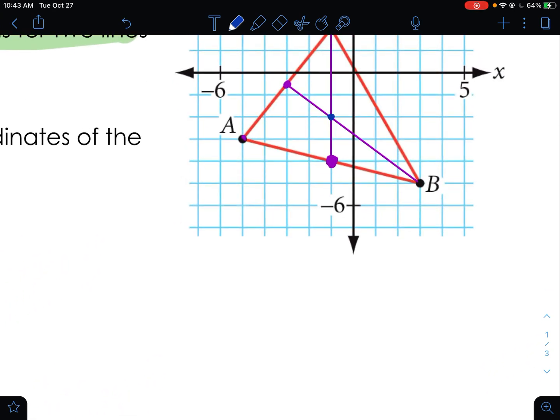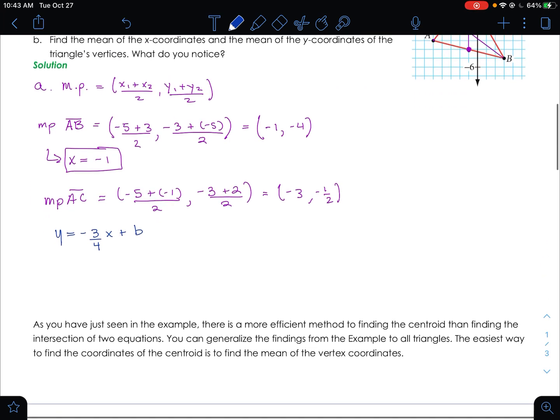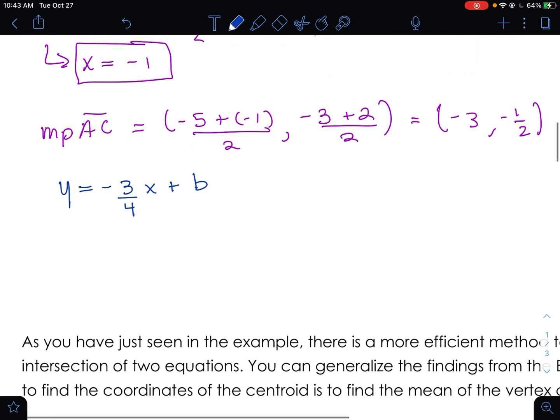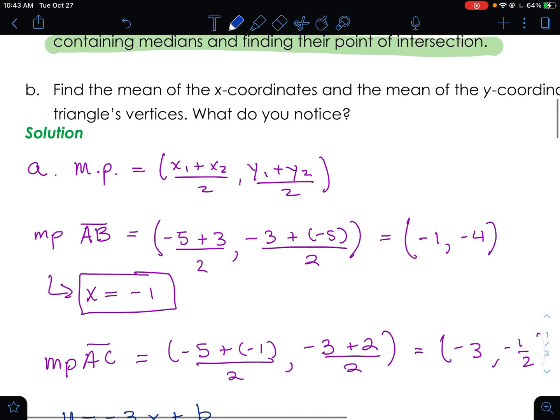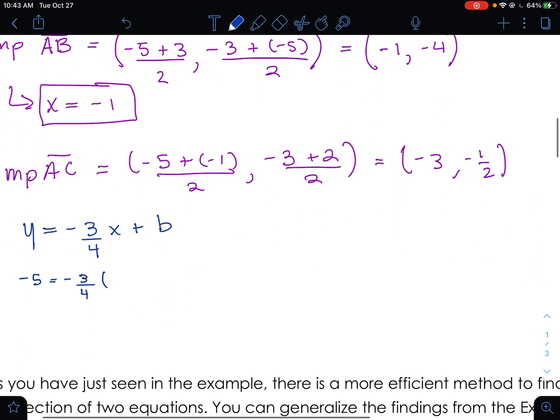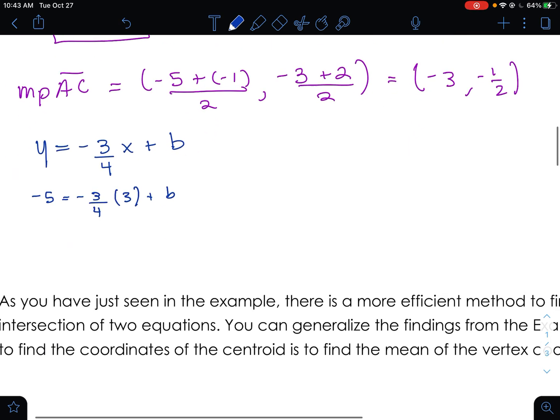We have this coordinate for B, which is 3, negative 5. So if we plug this in, we have negative 5 equals negative 3 over 4 times the x-coordinate, which is 3, plus b.